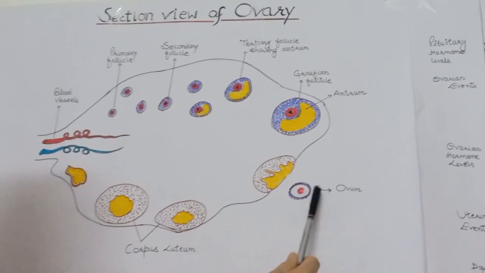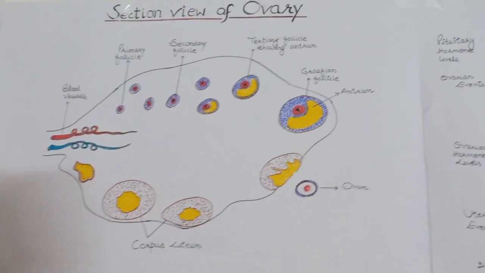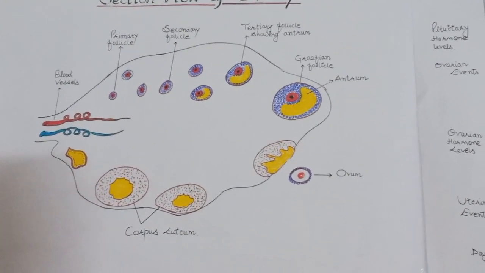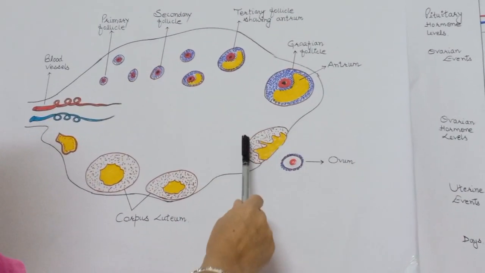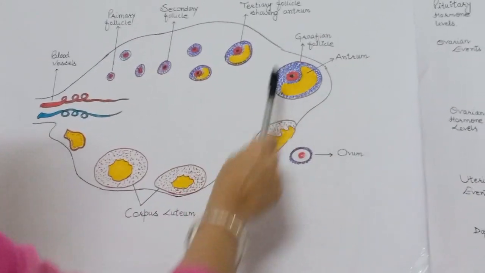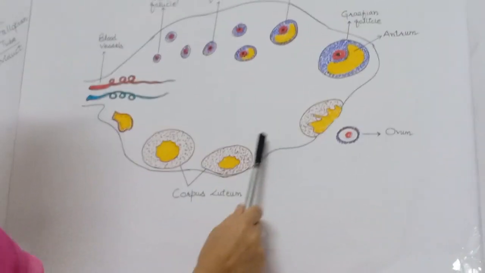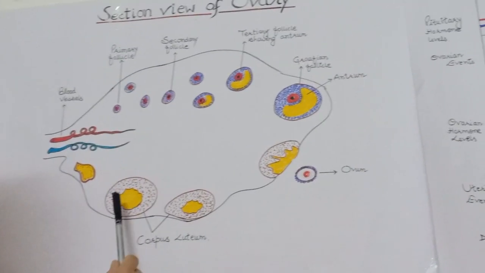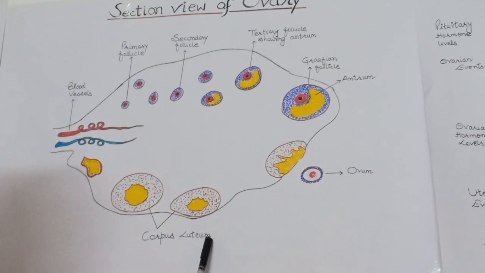Now we have done up to this Graafian follicle, which releases the ovum, and actually this ovum is the secondary oocyte. The process of release of the ovum is known as ovulation. Now this remnant, the remaining part of the Graafian follicle, changes into the structure known as corpus luteum. Luteum means yellowish in color.